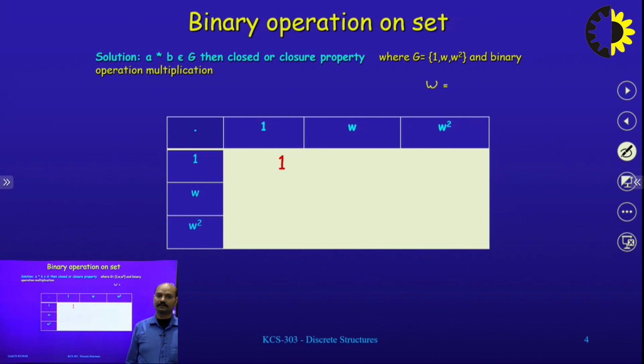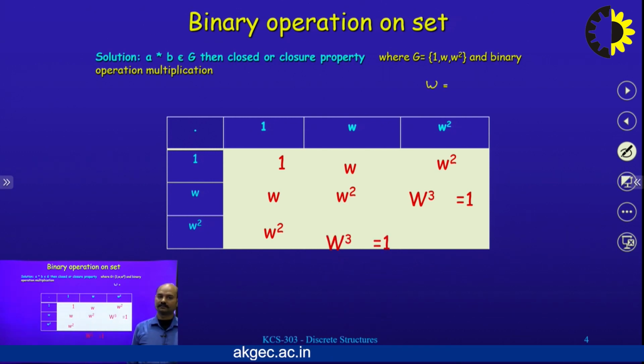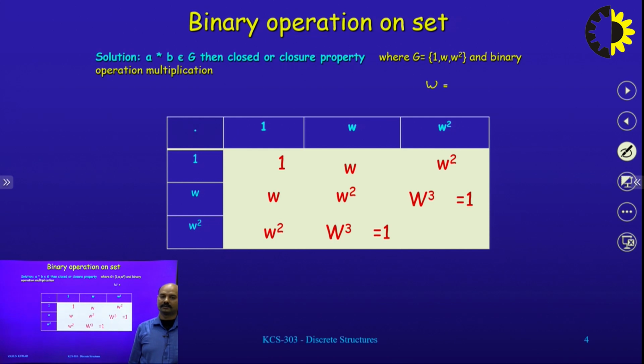If we multiply 1 by 1, that is 1, 1 by omega is omega, 1 into omega square is omega square, omega multiplied by 1 is omega, then omega square, then omega to the power 3, which we know becomes 1, again omega square, and omega square times omega square is omega to the power 4, which we can write as omega cube times omega, that is 1 times omega, so the result is omega.